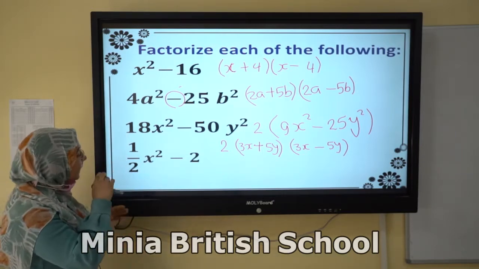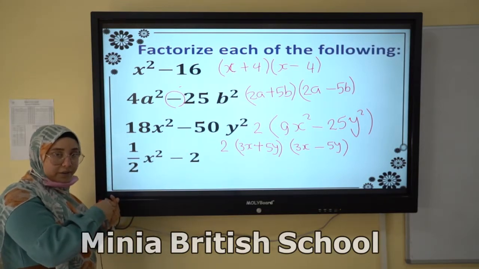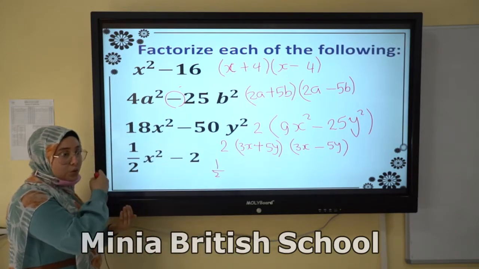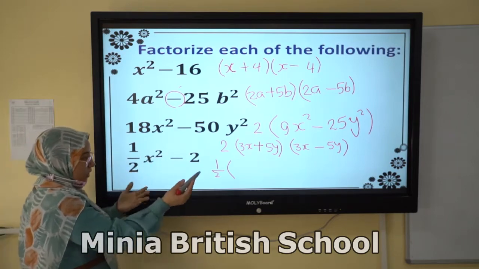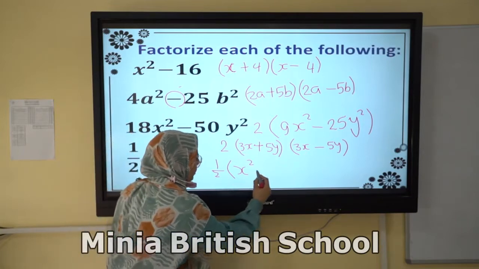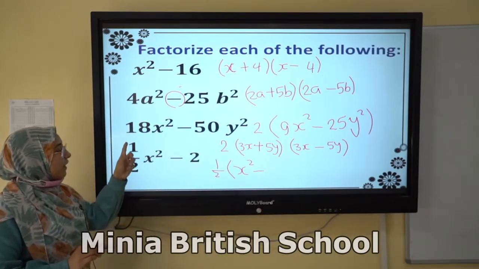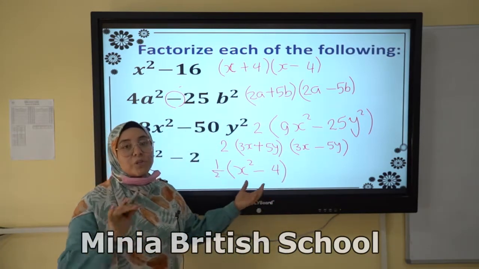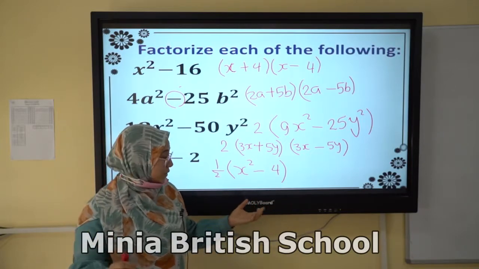Last one in this exercise, half x power 2 minus 2. You can take half as the highest common factor outside. Half x power 2 divided by half equals x power 2, and negative 2 divided by half equals negative 4. So this expression becomes the difference between two squares.